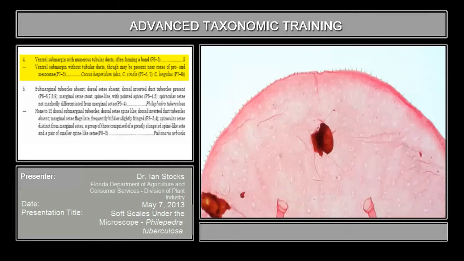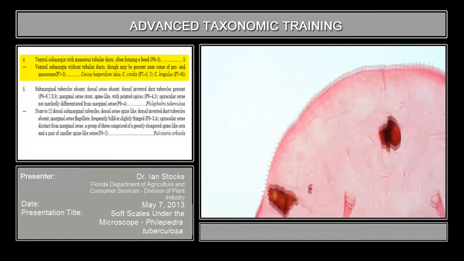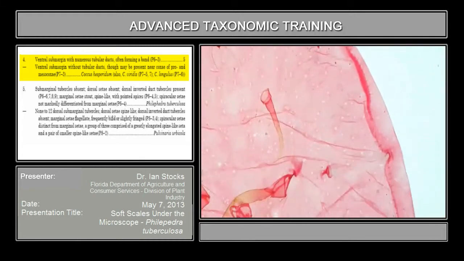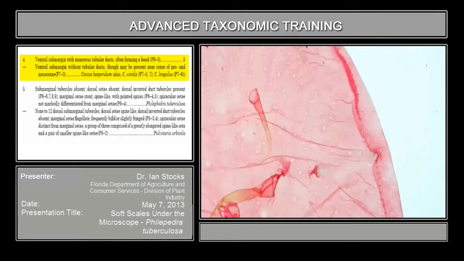They're all quite stout and pointed, and they are uniform too. If you follow the margin around, you pick a side that's got a nice spiracle, spiracular furrow. They're very similar right there in the marginal furrow. They're not a very divergent morphology from the remainder of the marginal setae.